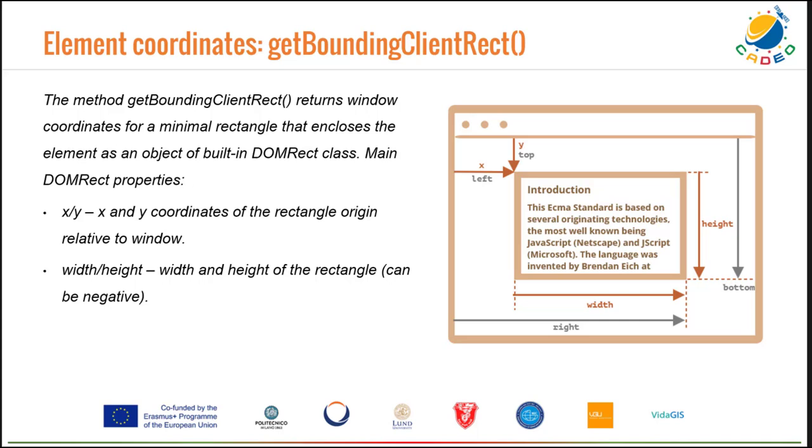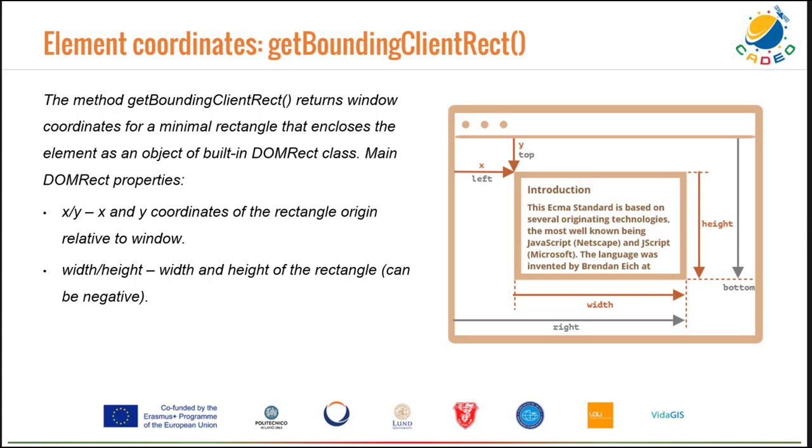As you can see in the picture, x and y, width and height fully describe the rectangle. The other properties can be easily calculated from them. Left equals x, top equals y, right equals x plus width, bottom equals y plus height.